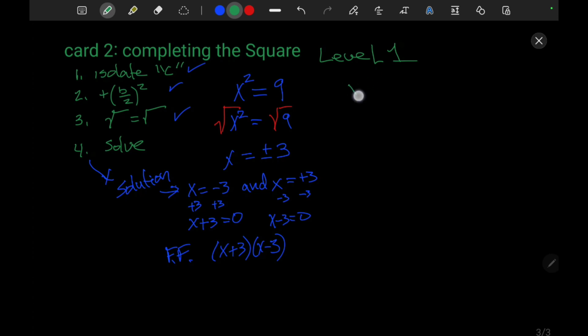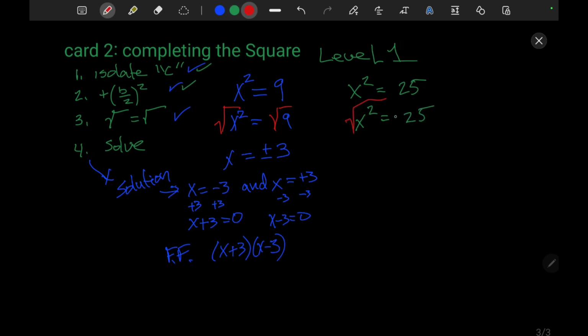All right, let's do one more of these simple ones. Let's say I have x squared equals 25. So step 1 says to do what? I already have my constant isolated. There is no linear term. So with x squared and 25, I have to take the square root of both sides.